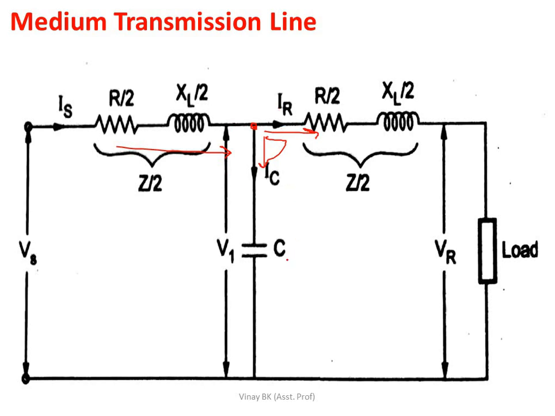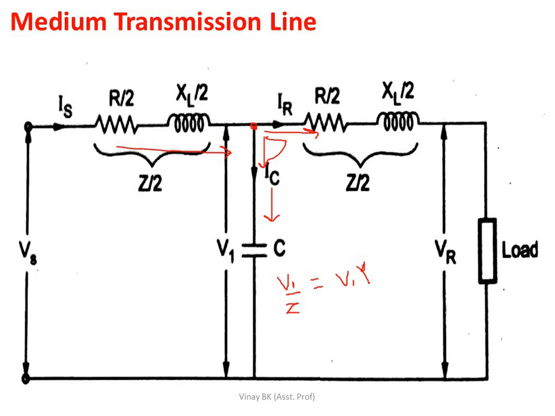Similarly, the value of IC, the current flowing through the capacitor, is given by V1 divided by Z. Instead of writing the impedance, I'll represent it in terms of the shunt admittance, so that 1 by Z is nothing but the shunt admittance, and I can write V1 into Y. So IC is given by V1 into Y, whereas Y is the shunt admittance.